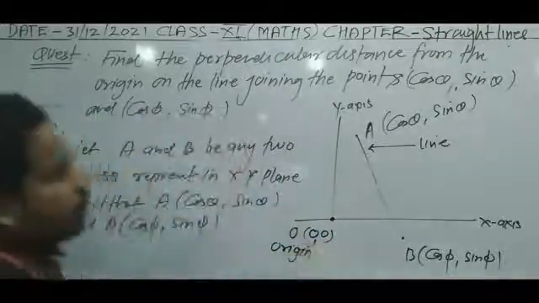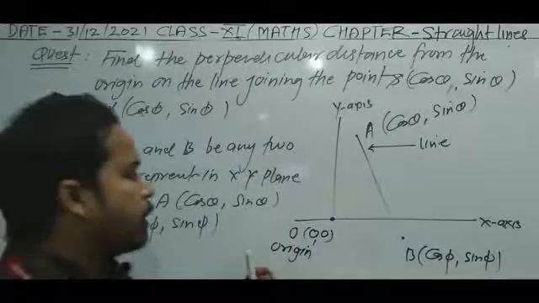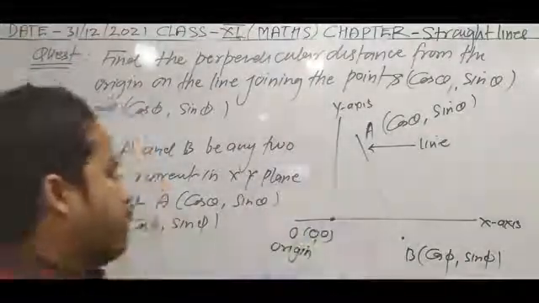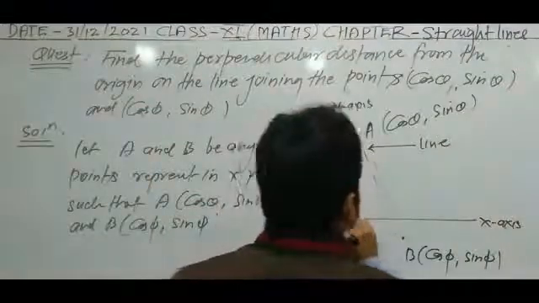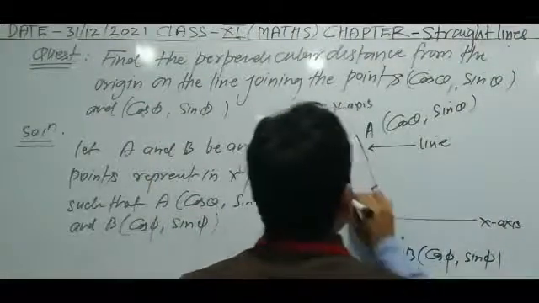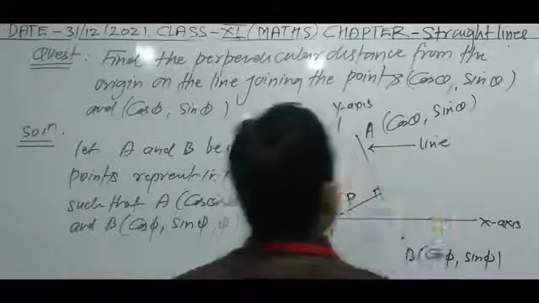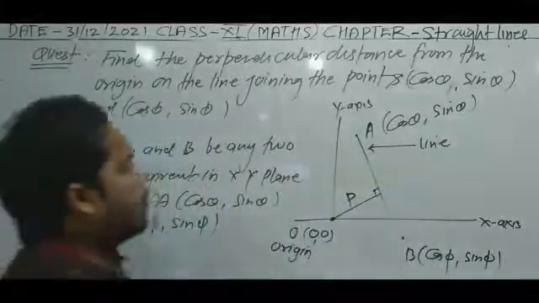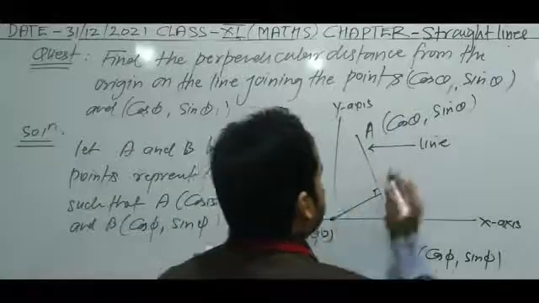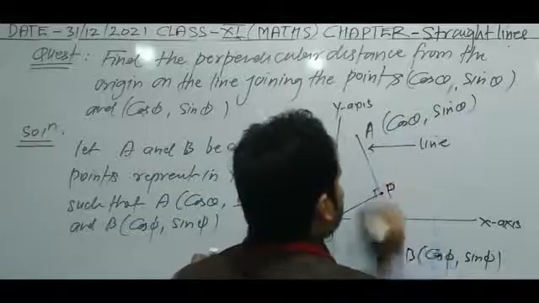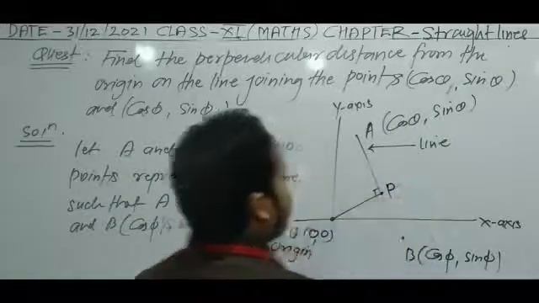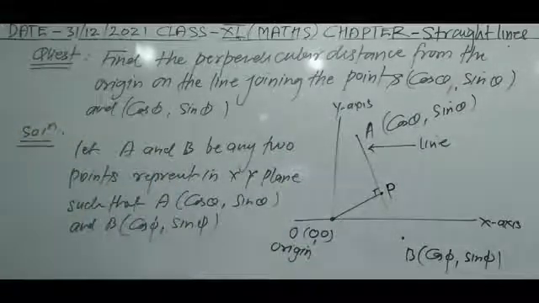We have to find the perpendicular distance from the origin to this line. Suppose this is the length of the perpendicular, and suppose this is point P. Now we have to find the length OP.